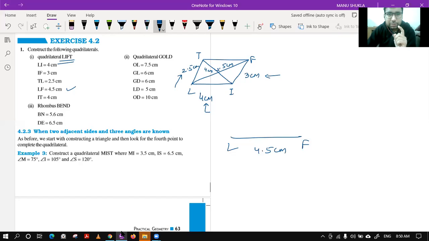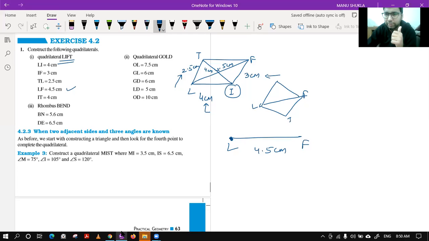Then the next step is, after drawing LF, class, what should we do? Please tell. Taking L as center, what should we do? Class, taking L as center, we should try to draw the lower part, this one, because the lower triangle is given to us completely. You can see the upper triangle is not given to us completely, but the lower is given to us.